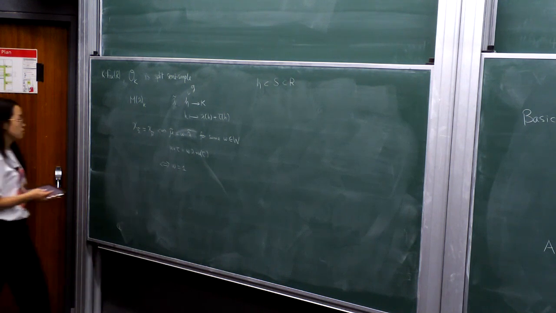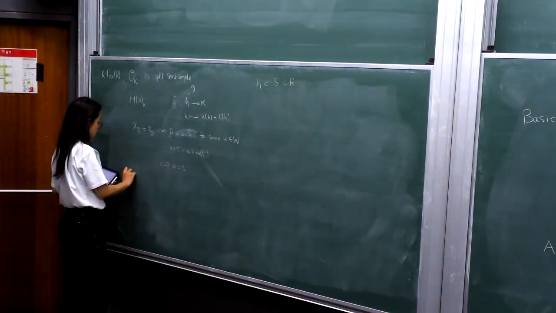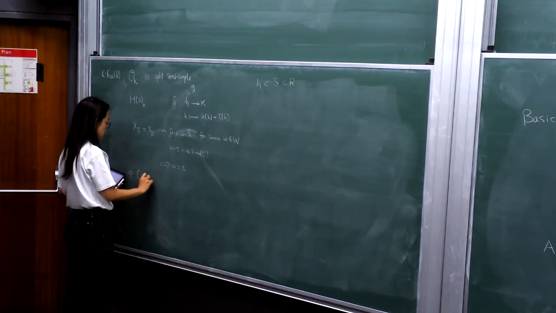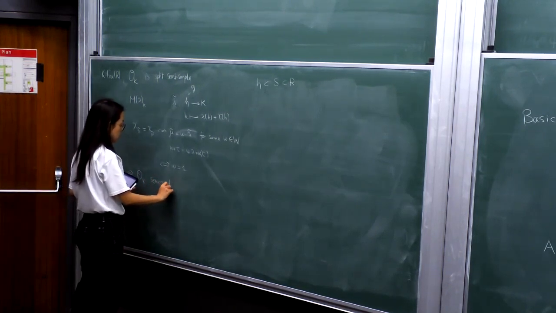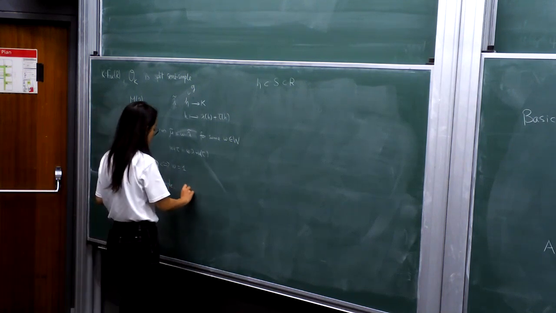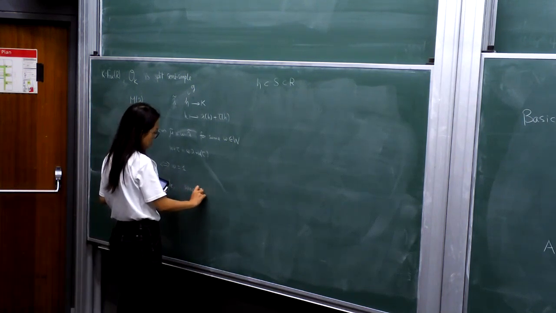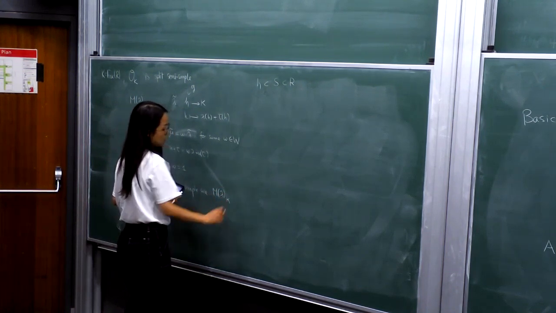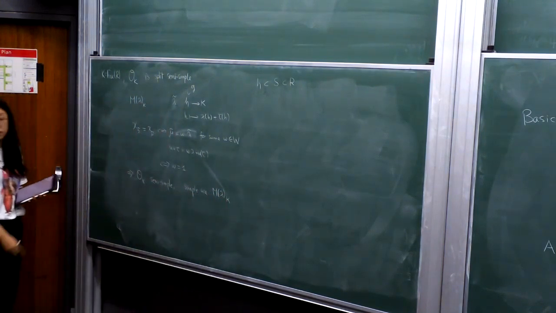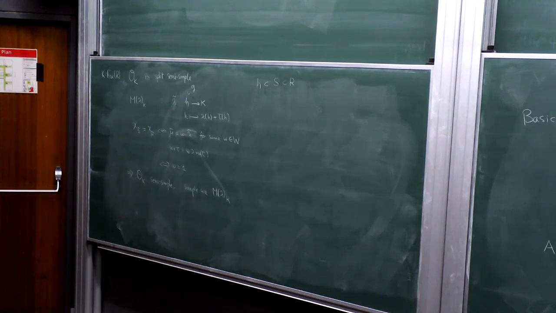And so therefore from this you see that O_K is actually semisimple. The simple objects are just the Verma modules over K, and their endomorphism ring is just K, so it's semisimple.